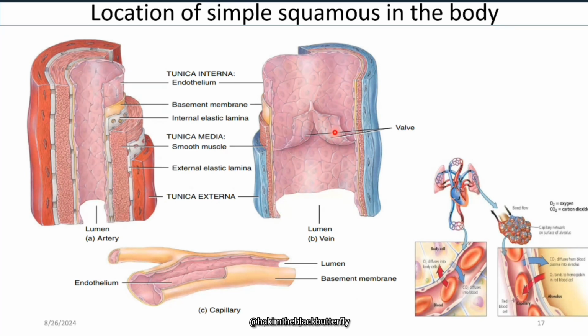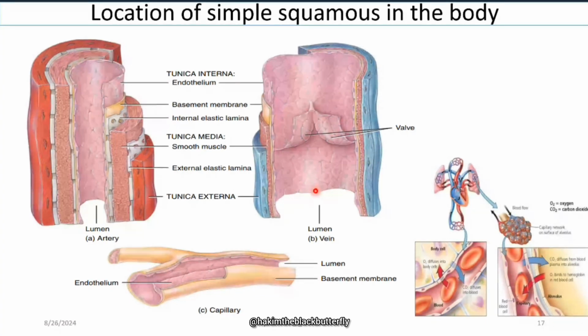Then in the veins, this endothelium is modified to form flaps that form valves that will be positioned in the wall of veins. We all know veins carry blood upwards towards the heart, and these veins are going to be carrying blood against gravity, so there's need for the valves to prevent the tendency of blood from flowing backwards to where it's coming from.